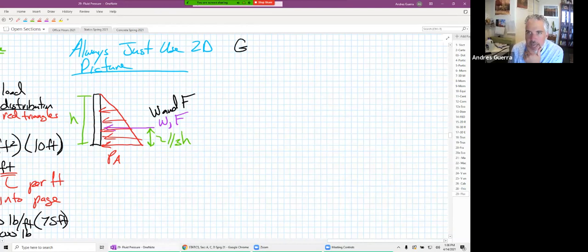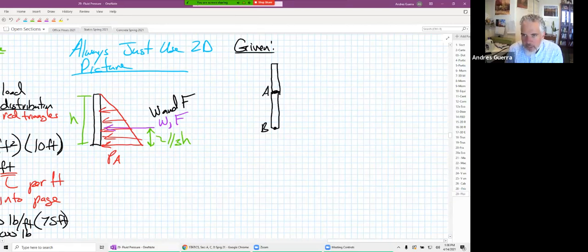Okay, let's look at an example here. We have a wall with a gate in it. And this gate is down here. It goes from point A right here, and then there's a point B that's down here.